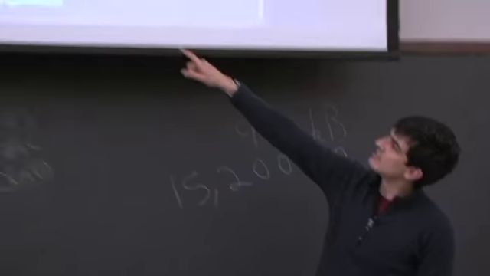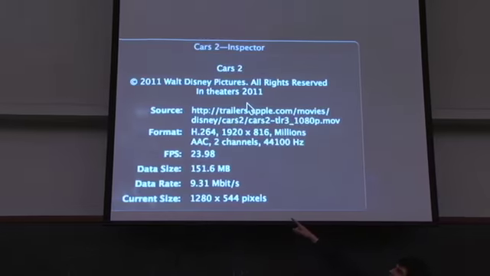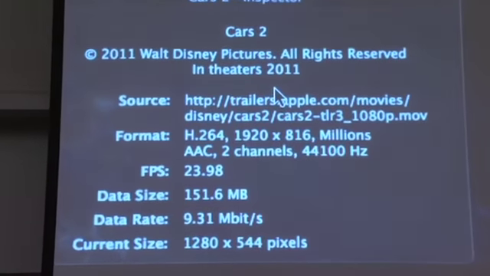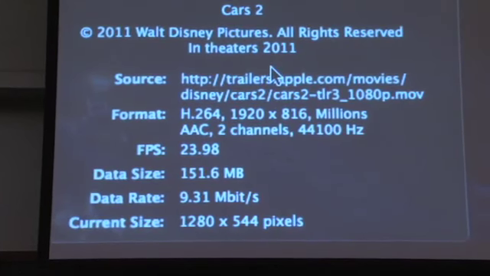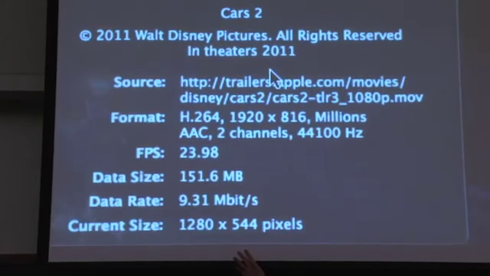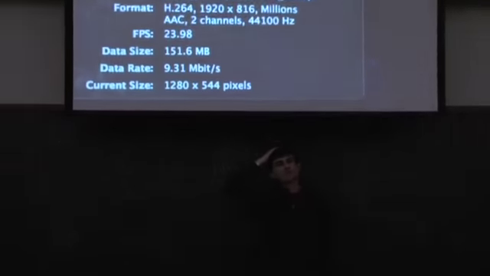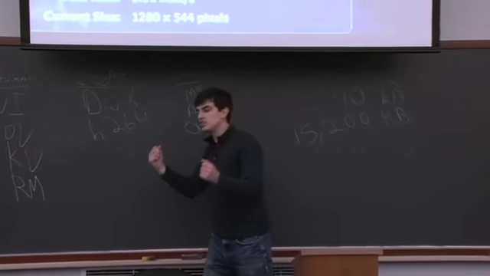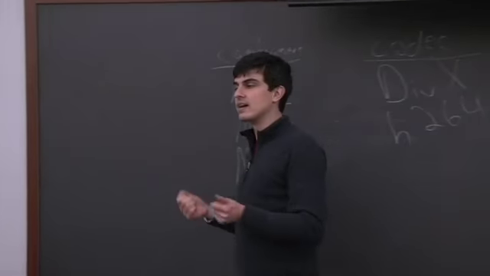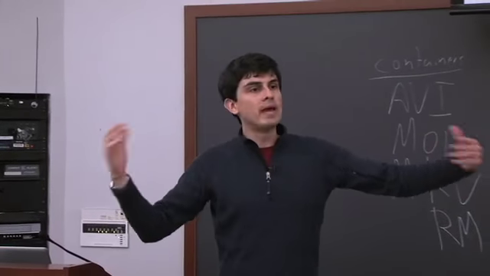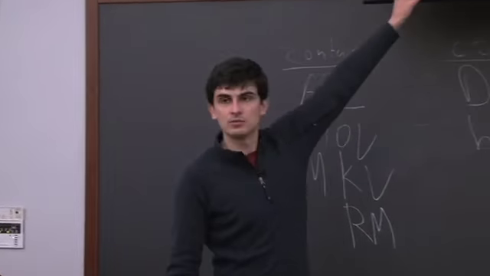Now we can see the data size. The size of this entire thing is going to be about 152 megabytes with the data rate. We can actually see the current size. So this actually highlights what I had mentioned before. What happens if we actually have an image that's too big for our screen? 1920 is too many pixels for the resolution of this projector.